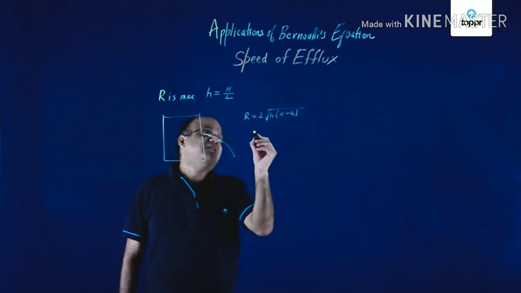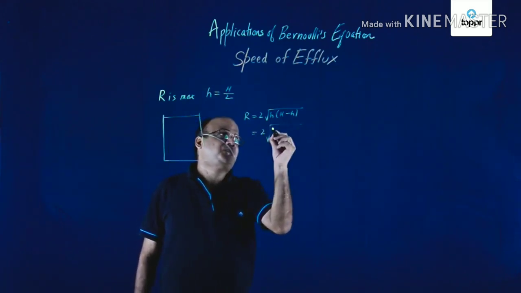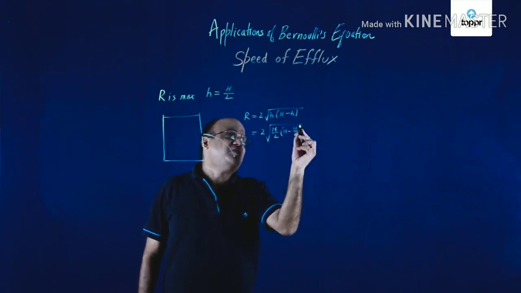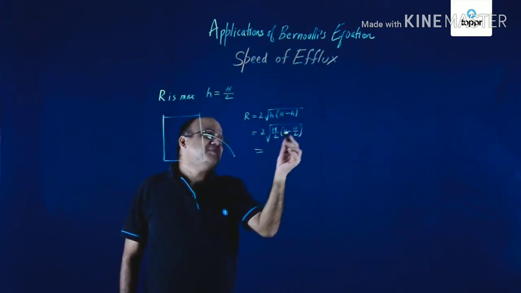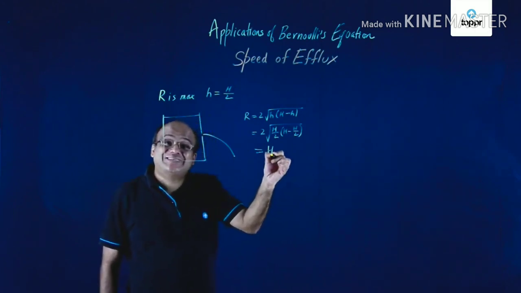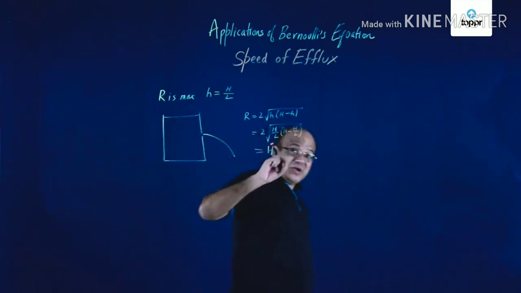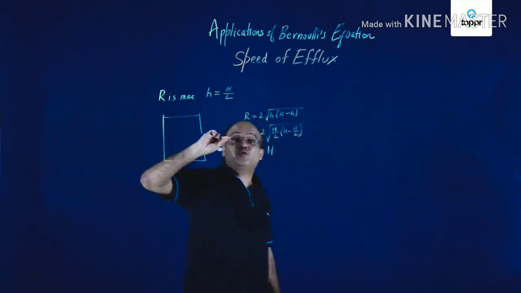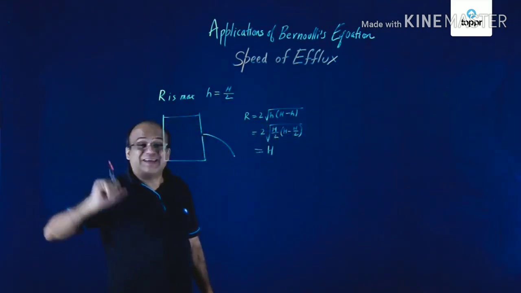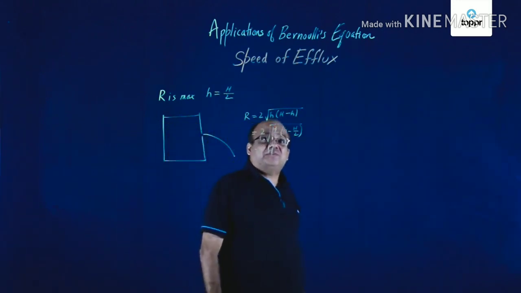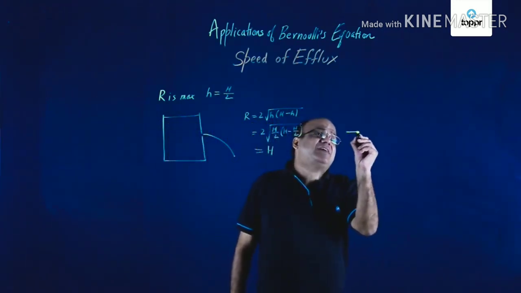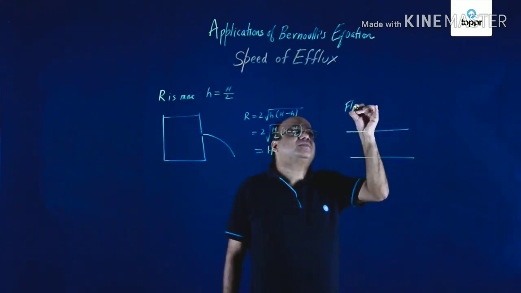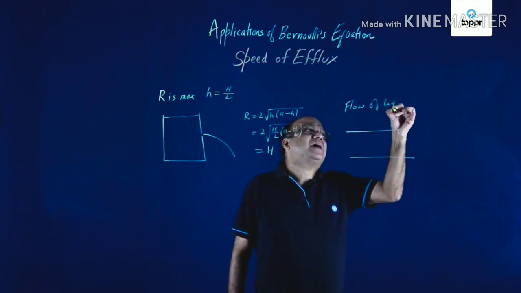Suppose we put H by 2 in this equation. So what do we get? H by 2 into (H minus H by 2), that is also H by 2. So the maximum range is equal to H. So range is maximum when you make the hole at the midpoint, and that maximum range is equal to capital H. Right, remember that.